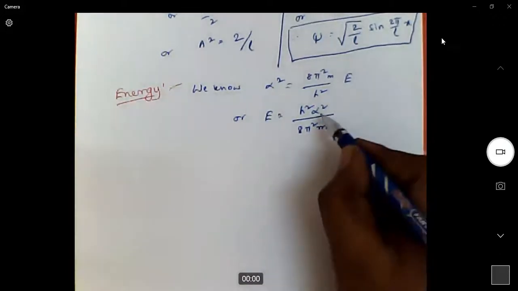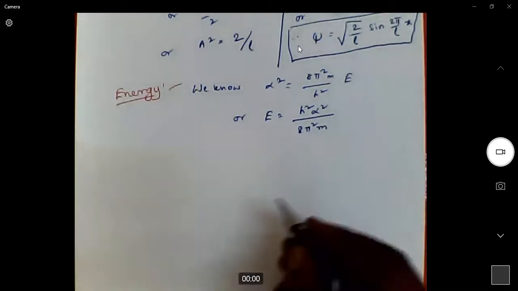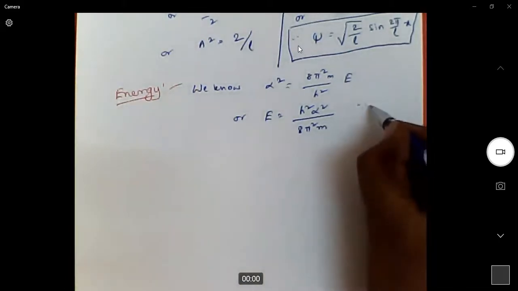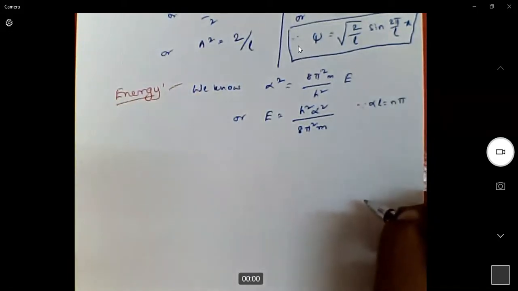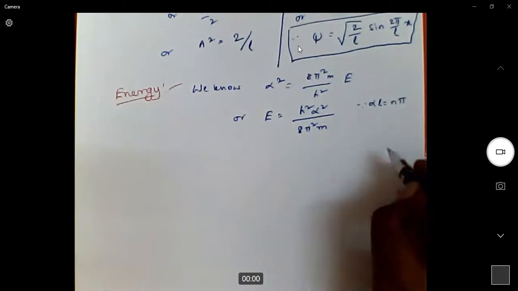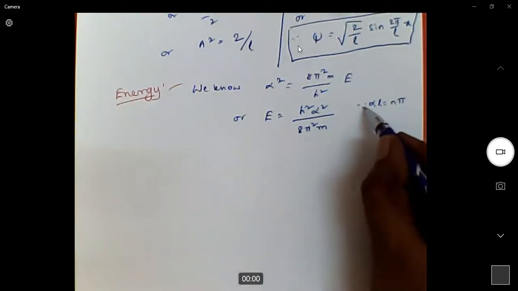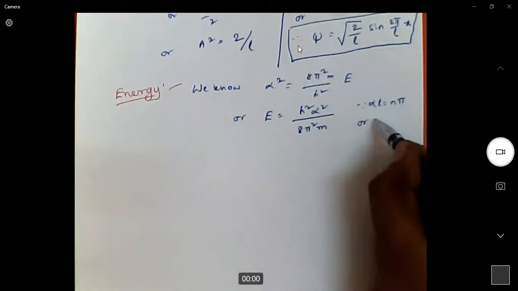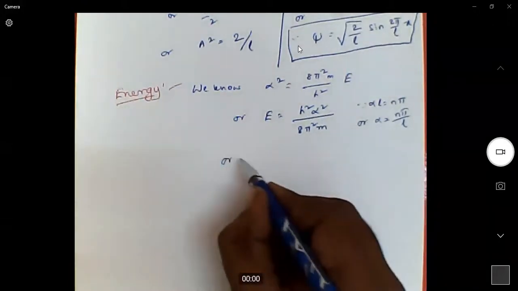Now, what is the value of alpha? Of course, we know alpha L is equal to n pi. When we tried to find out the value of capital A, we arrived at alpha L is equal to n pi, or alpha is equal to n pi by L. So substitute this value of alpha in this expression.